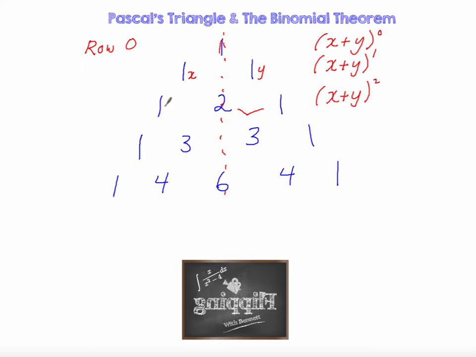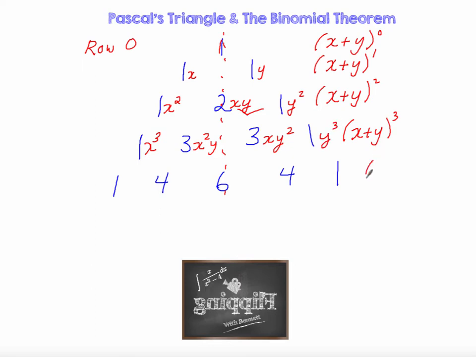So you get 1x squared plus 2xy plus y squared. Now, hopefully you're seeing some other patterns here. We can go x plus y to the third power, and that's going to be 1x cubed, 3x squared y, 3xy squared, and y cubed.